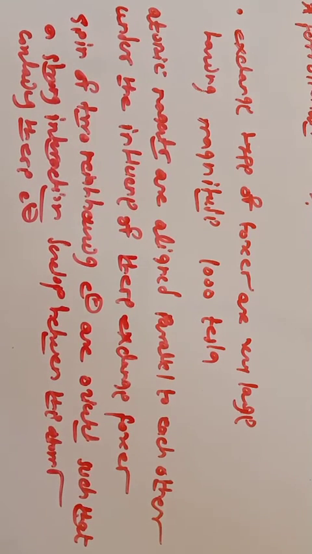There is no requirement of an external magnetic field for the parallel alignment, and therefore this material, in the absence of an external magnetic field, shows net magnetization, a higher magnetization.